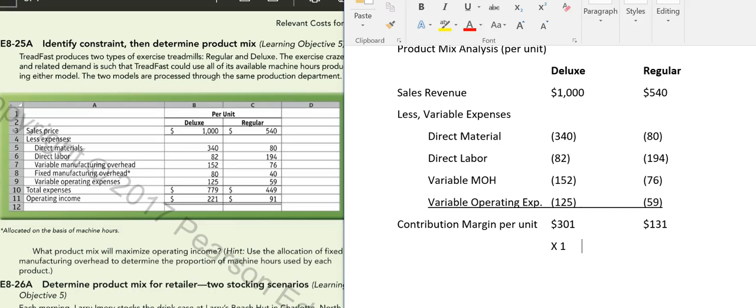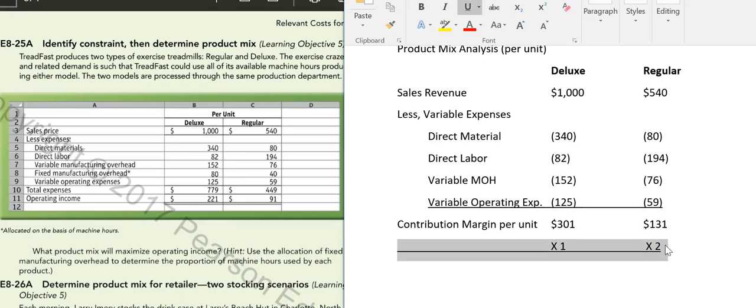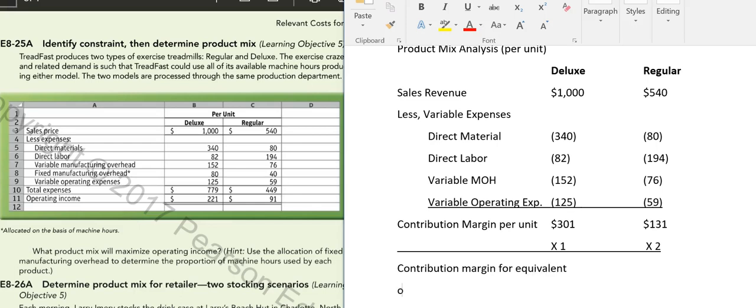If I multiply the regular by 2, I get the contribution margin for the equivalent number of machine hours.